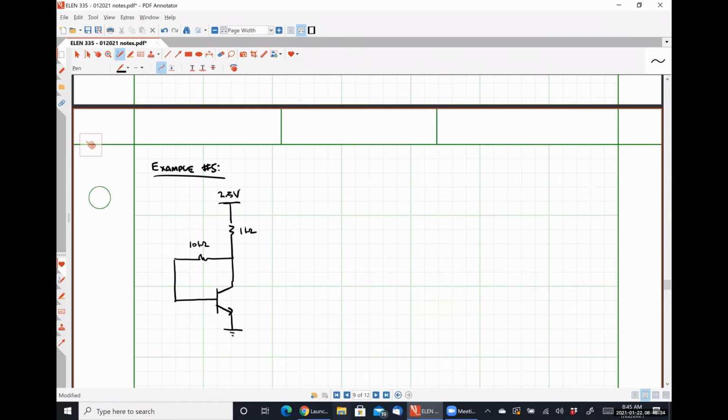All right. So if IS is equal to 5 times 10 to the minus 17 amps, and beta is equal to 100, we want to figure out what VBE and IC are. Simple operating point of this circuit. So how are we going to do it?